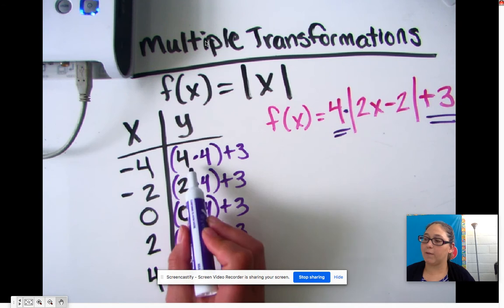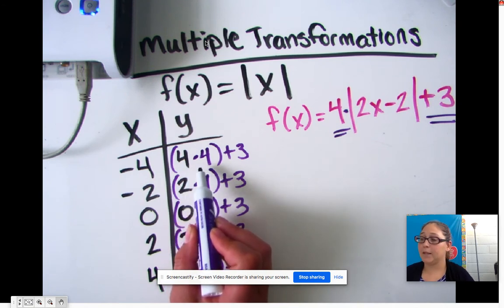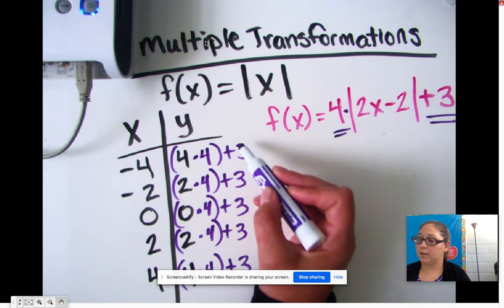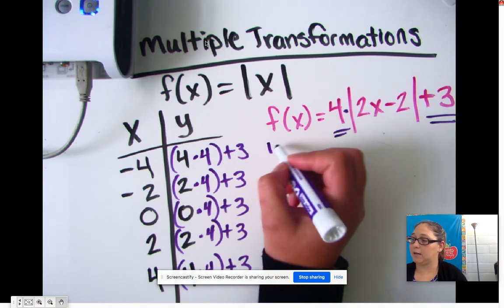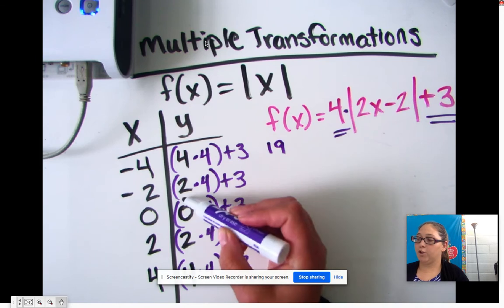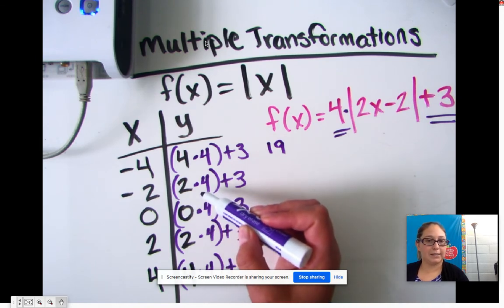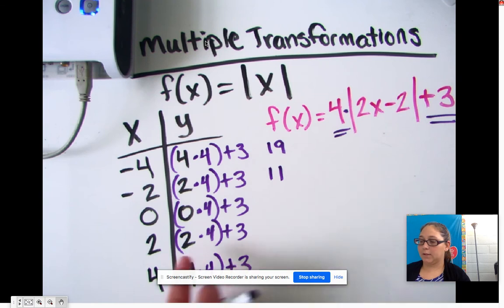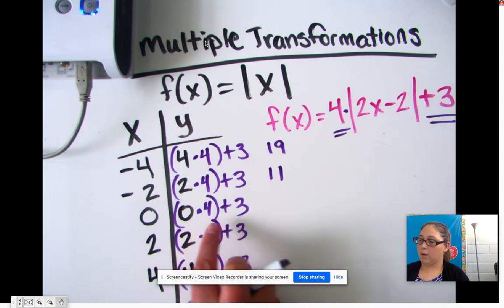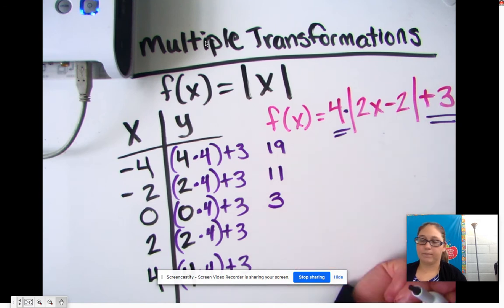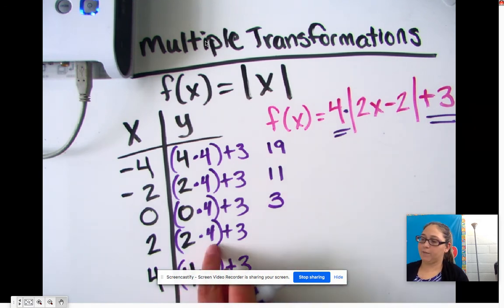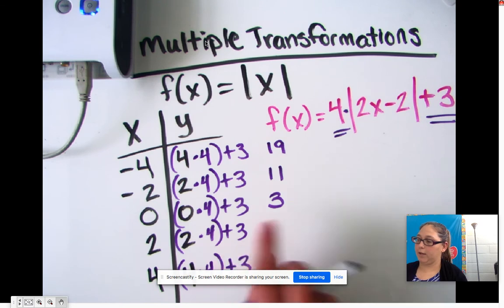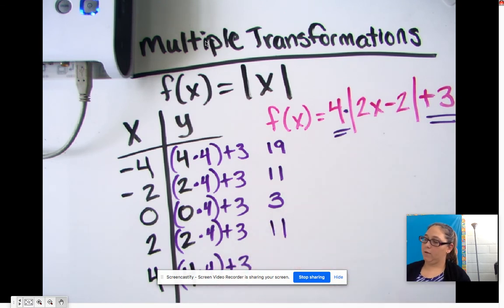So let's do this. We have 4 times 4 is 16. 16 plus 3, 19. 2 times 4 is 8. 8 plus 3 is 11. 0 times 4 is 0 plus 3 is 3. 2 times 4 is 8. 8 plus 3 is 11. 4 times 4 is 16. 16 plus 3 is 19.